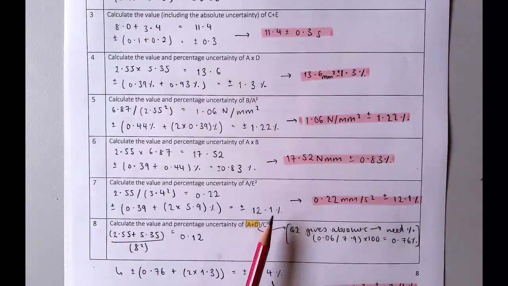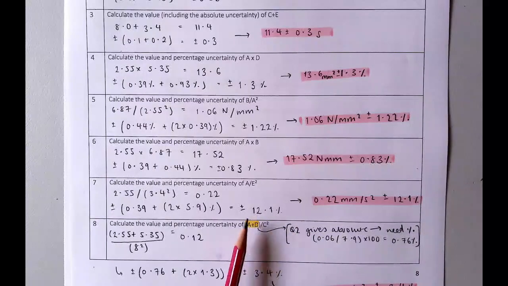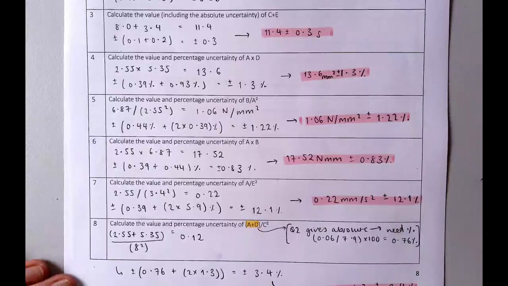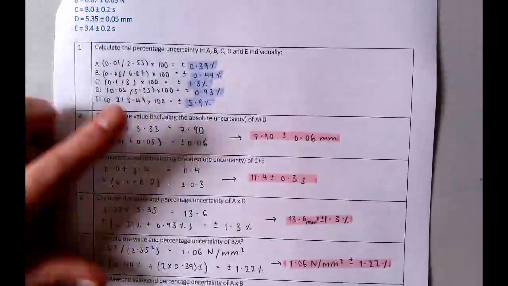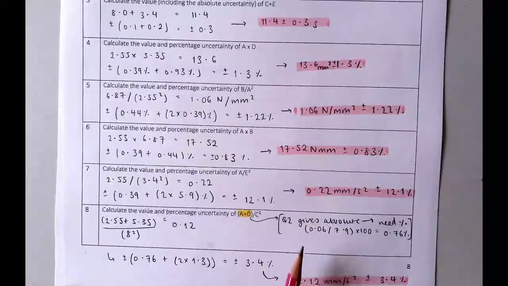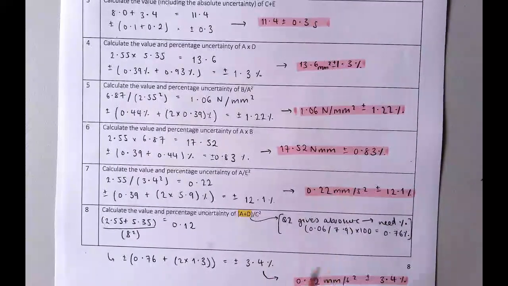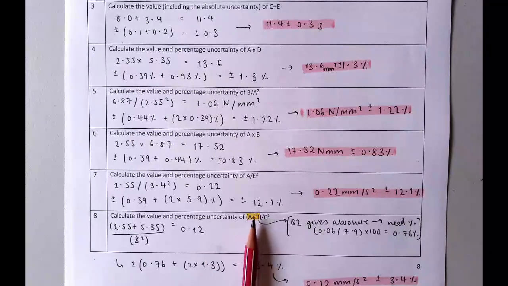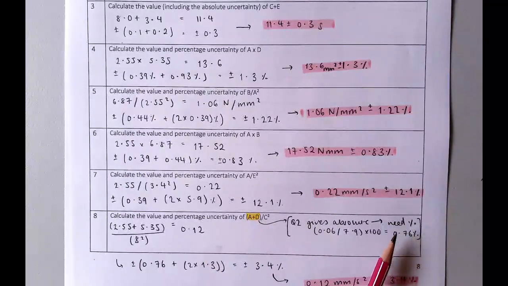Now in question 2 we worked out the absolute uncertainty of A plus D, so if I go back up, that was 0.06. 0.06 out of the 7.9 that is A plus D works out to be 0.76%.